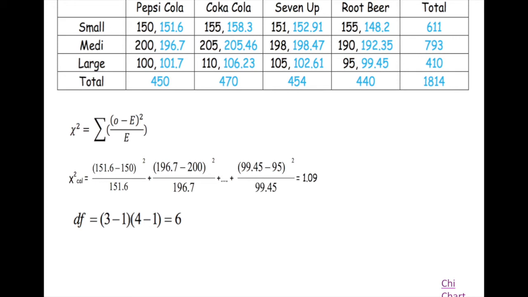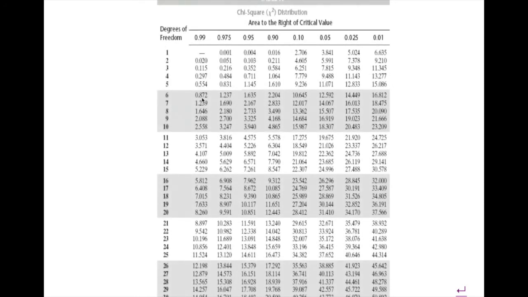So the degrees of freedom is 6, which helps us get the value of the x table. We can see the chi-square table here: with degrees of freedom 6 and alpha of 0.05, which is the normal value, the value is 12.592. That's the x table.